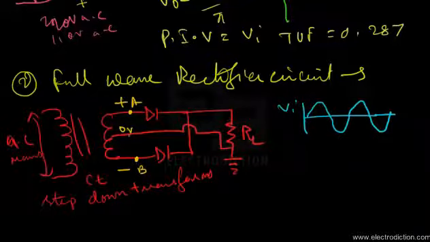So terminal A will be at a higher voltage with respect to the center tap voltage, that's the ground voltage, while terminal B will be at a voltage lower than the center tap voltage. So the diode D1 in this case would be forward biased with a positive voltage on its anode, while diode D2 would be reverse biased with a negative voltage on its anode.